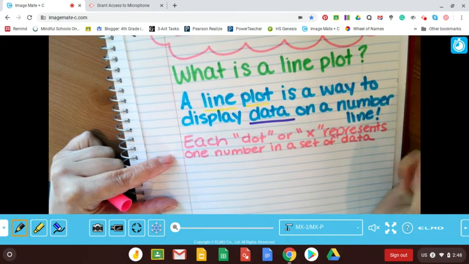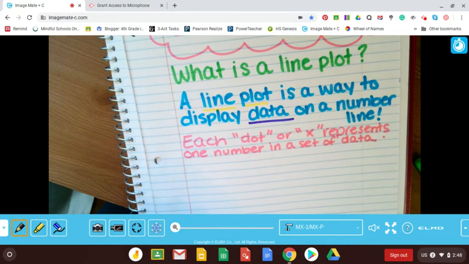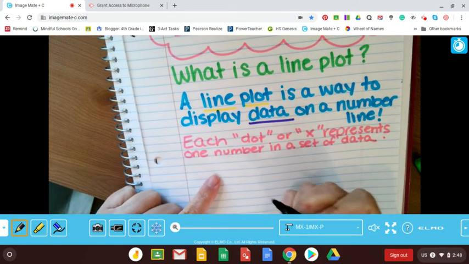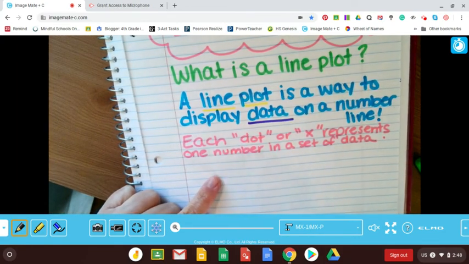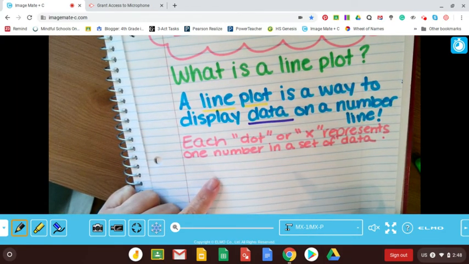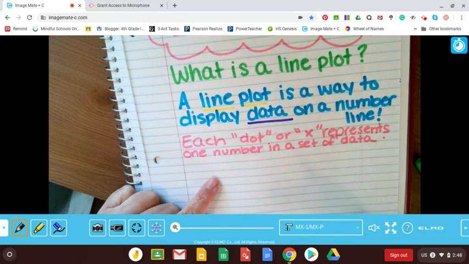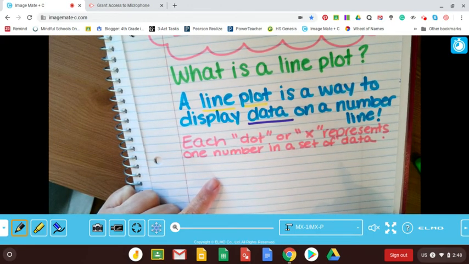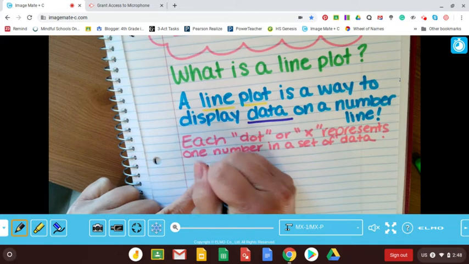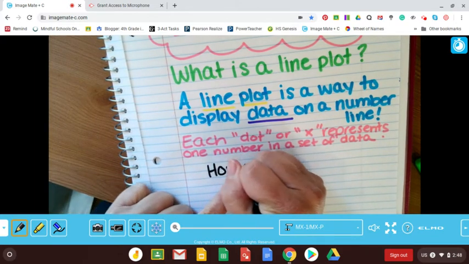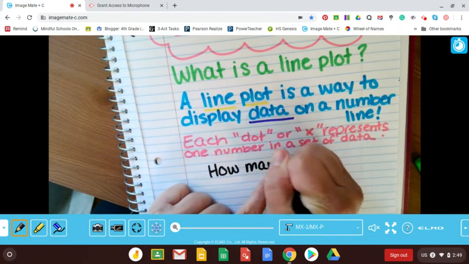So what does a line plot exactly look like? All right, well, let's do an example. It's best illustrated using some kind of an example. So let's say, you can hear my dog barking in the background. Let's say I wanted to survey a bunch of people and find out how many pets they owned. So I might ask this question: how many pets do you own?